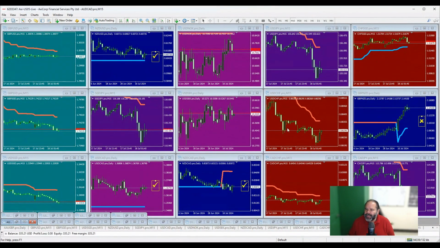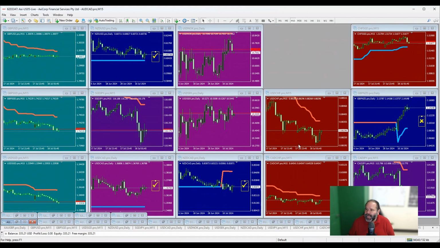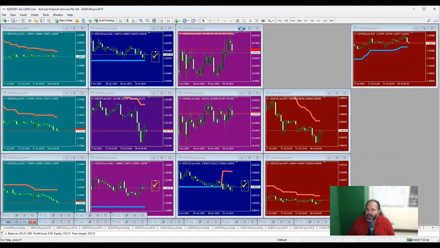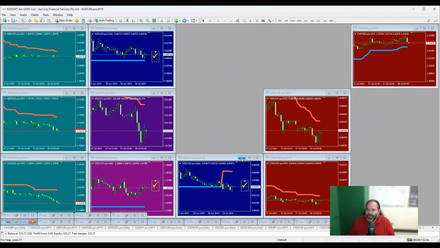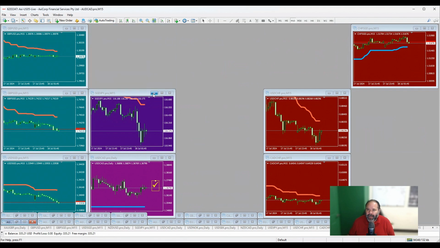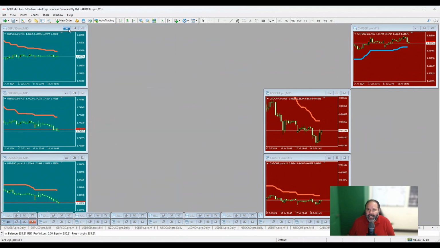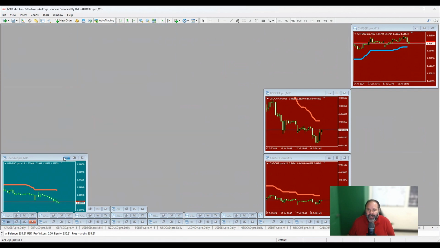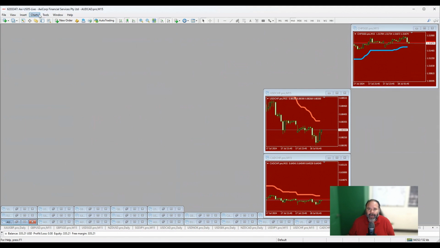So USD CHF right here. Let me close this one. So you see I have it in the same color. So these are the three pairs that correlate. So it's easier for me to find it. Now I just keep these red three pairs, and that's it.